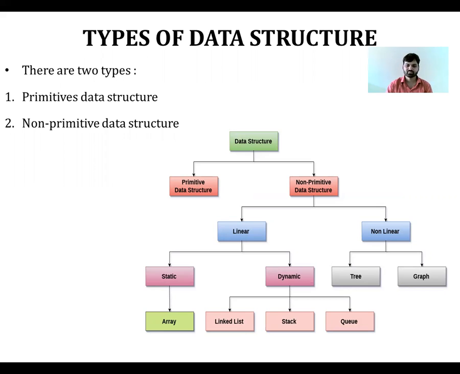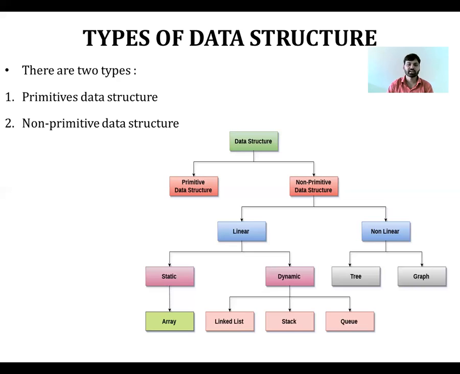Linear data structures have two subtypes: static and dynamic. What is a static data structure? The data structure whose capacity or size is fixed is called a static data structure.